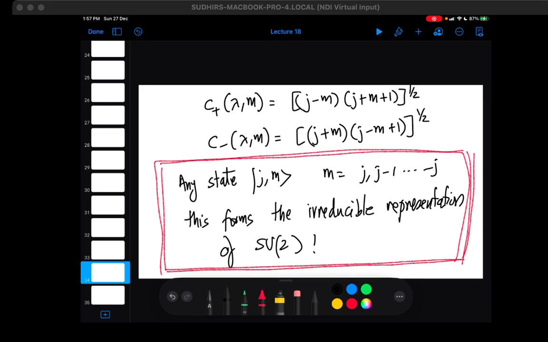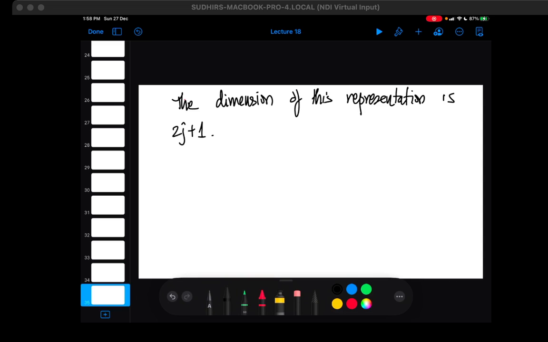The dimension of the representation is 2j plus 1.